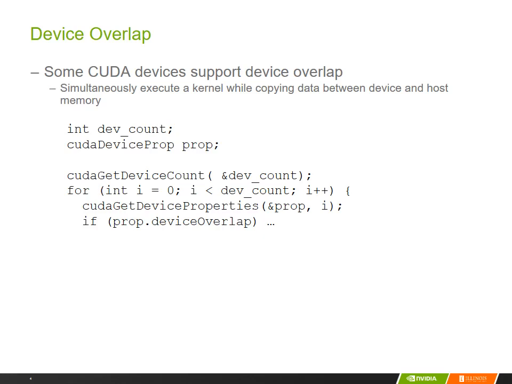And we can discover this kind of capability by doing a device query, and we can test the property dot device overlap, and if it is true, then the device has this capability.